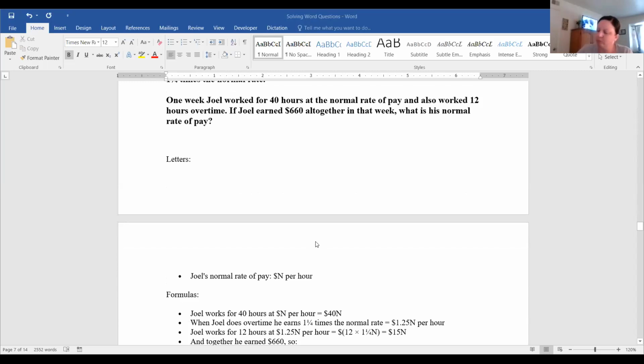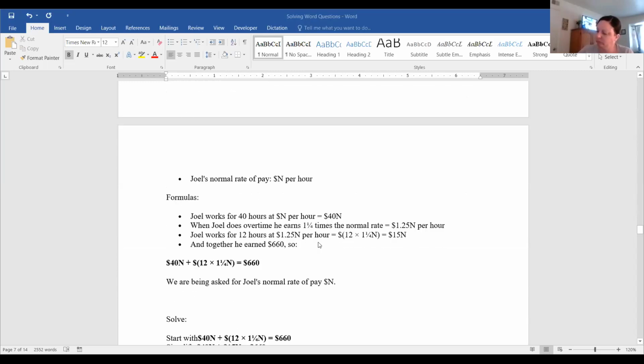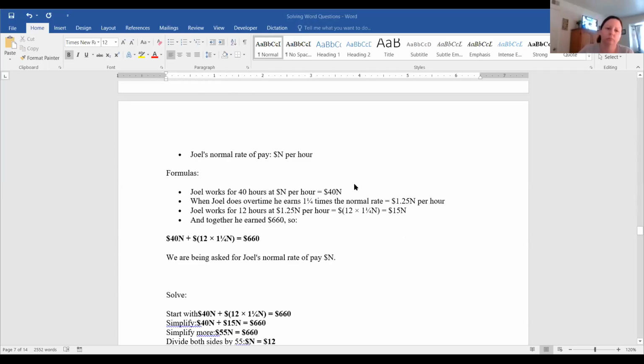So what we have now is an example that uses N as the number of dollars per hour that he earns. He gets 40 hours at N per hour, which is 40N.